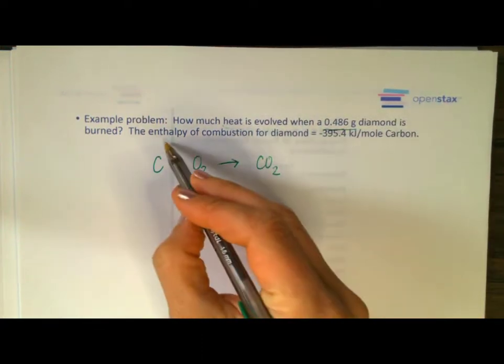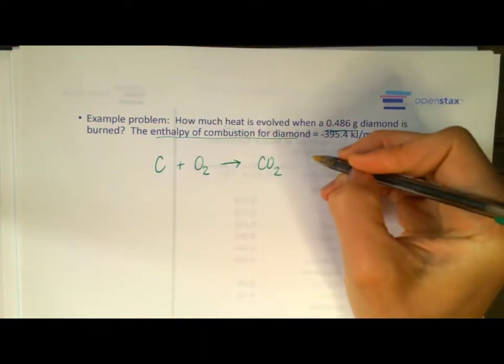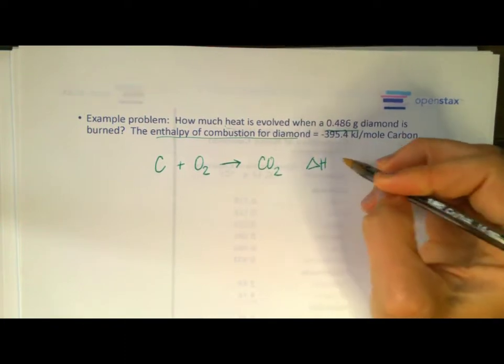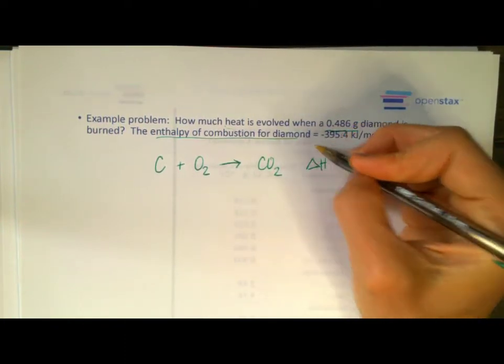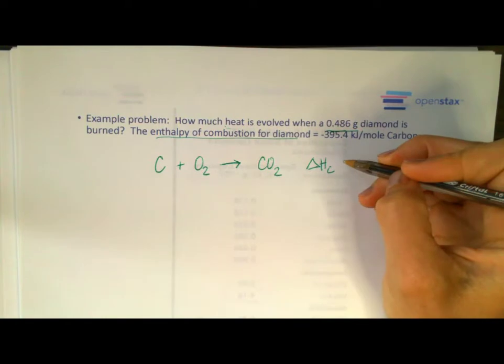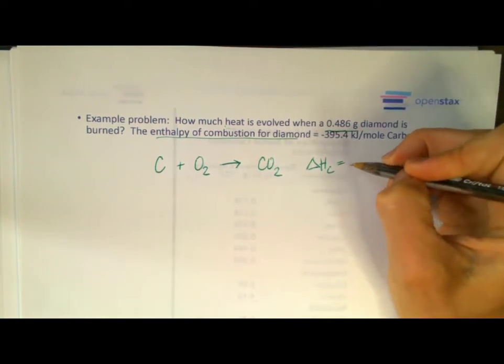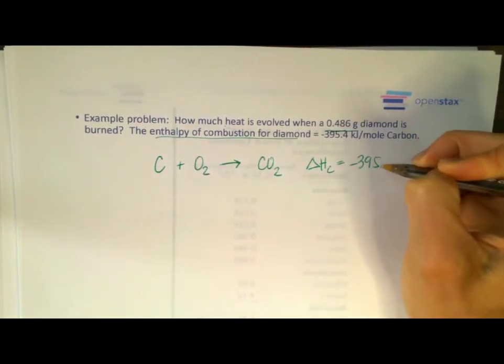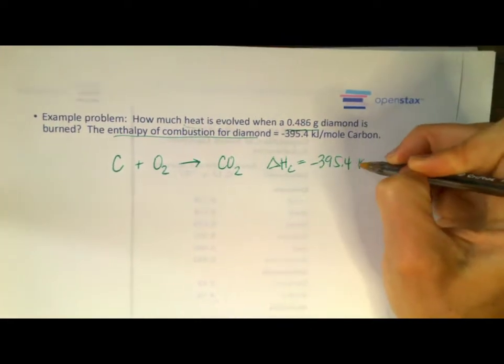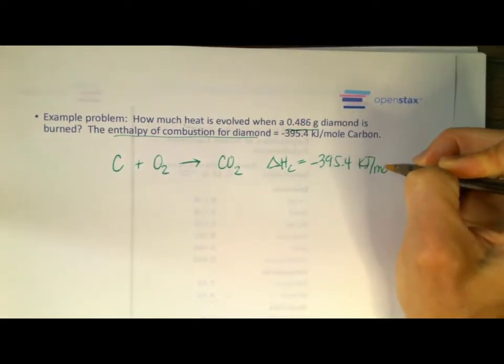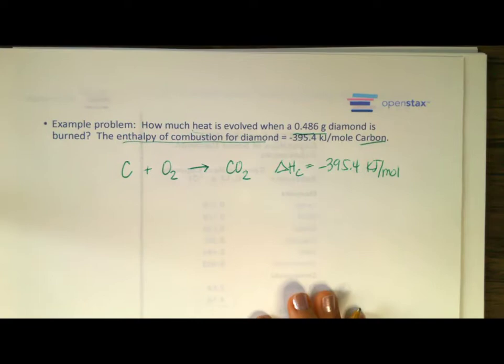And it tells us the enthalpy of combustion for the diamond is negative 395.4 kilojoules for every mole of carbon.